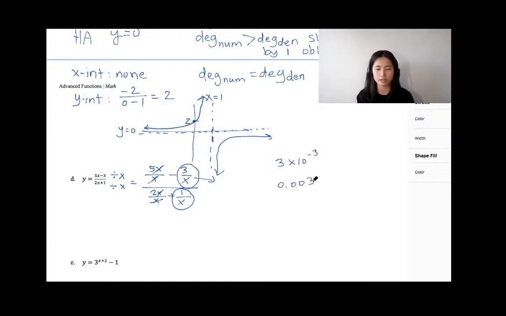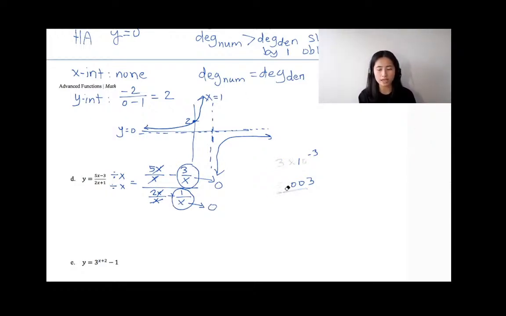So as you can see, it's approaching 0. If it's not 1000, maybe you can plug in 10,000 or 5,000, and you're going to see that it becomes even smaller, all approaching 0. Similarly for 1 over x, you're going to see that it's also approaching 0. So we can say that if you're looking at the end behavior, these two are approaching 0.